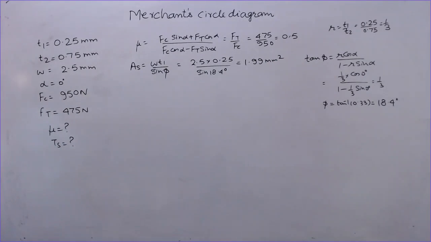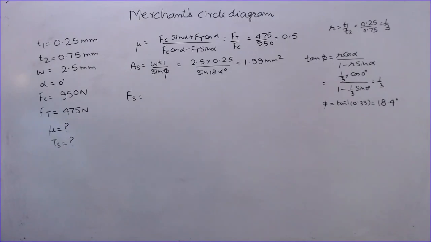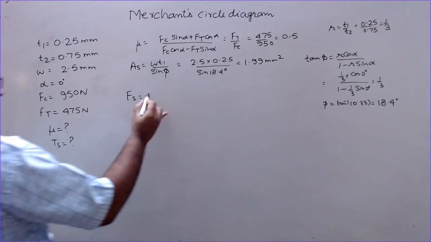So first of all, we have to find the shear force, and Fs is equal to Fc cos phi minus Ft sin phi.